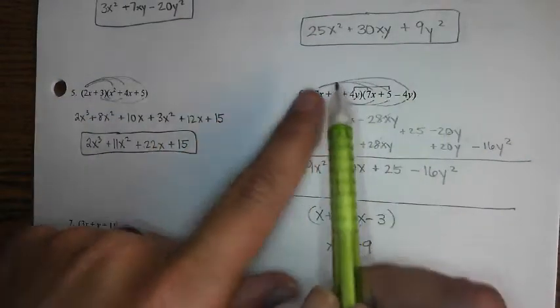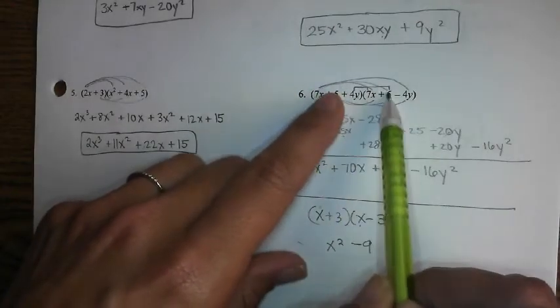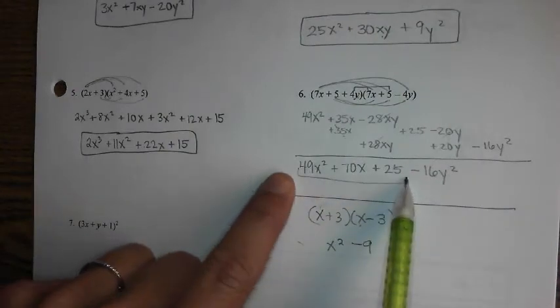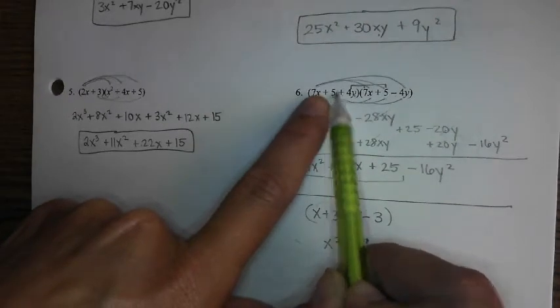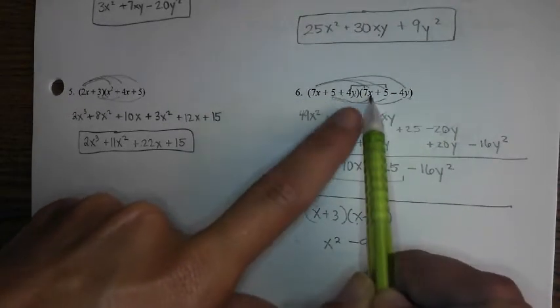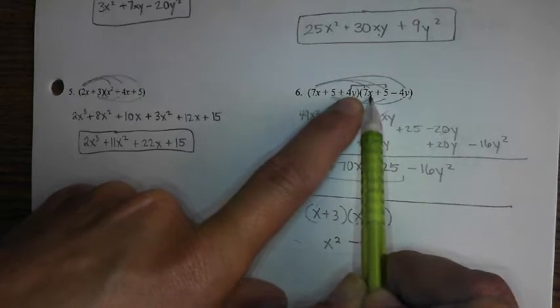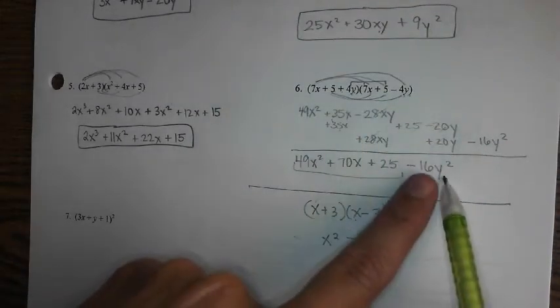So when you're foiling that, in a sense, 7x plus 5 times 7x plus 5 creates that portion that you guys came up with. Your outer, the 7x plus 5 times a negative 4y, and the 7x plus 5 times a positive 4y on the inner, cancels, as conjugates do. And then your last two terms give you that negative 16y squared.